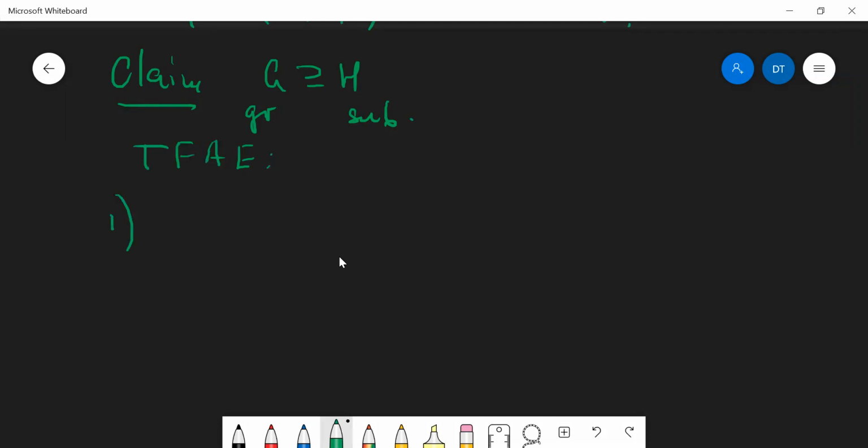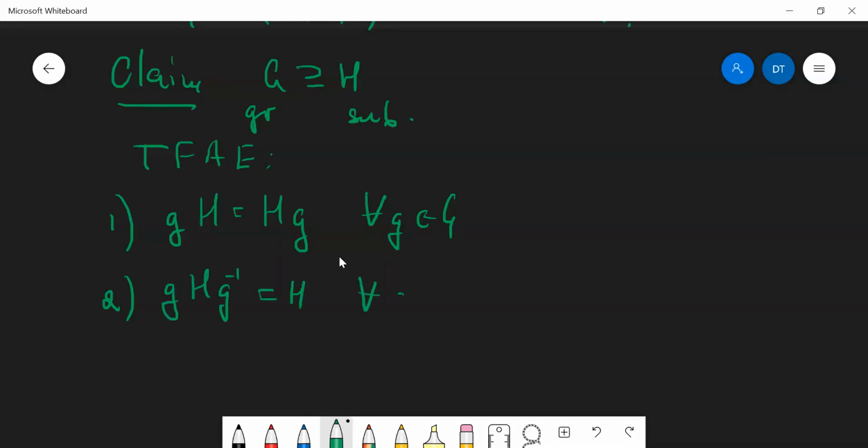First, gH equals Hg for any element g in G. Second, gHg^{-1} equals H for any element g in G. And the third, gHg^{-1} is a subset of H for any g in G.